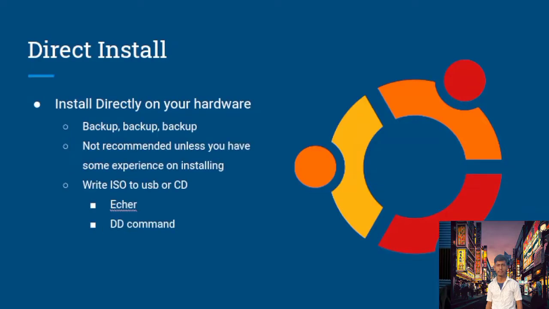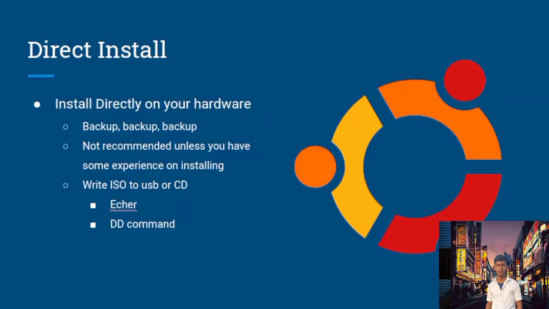Now, you can install it directly to your hard drive, but I definitely don't recommend you do this for this course unless you have a secondary computer, because when you install it directly on your system, you have to make sure you have a backup of all your files.